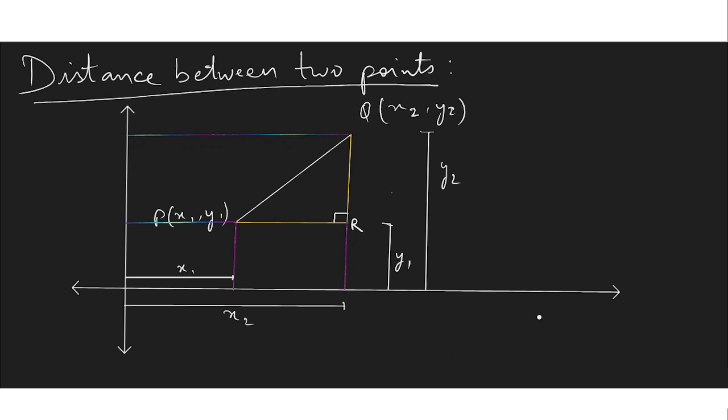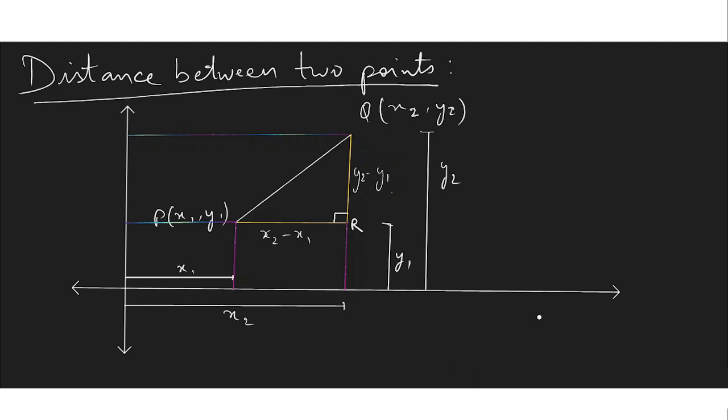Now we see here that the length of the side QR of the triangle PQR is y2 minus y1, and the length of side PR is x2 minus x1.